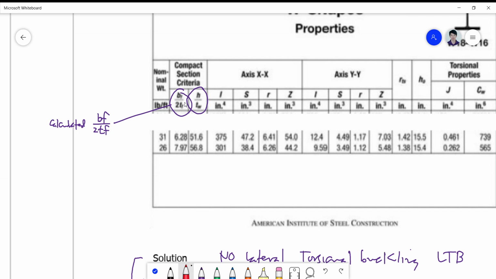It has given values of bf over 2tf and h over tw. You can use these directly, or if this is not available to you, you can calculate it on the basis of the given values of bf and tf and also your h over tw. Sometimes the exact value is not the same, but there is a slight discrepancy due to the rounding of units.